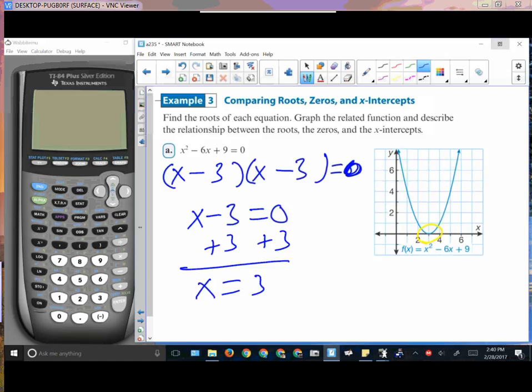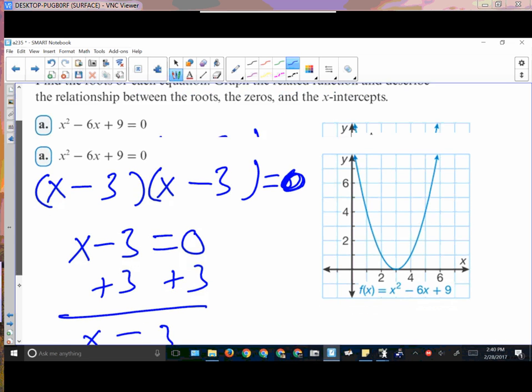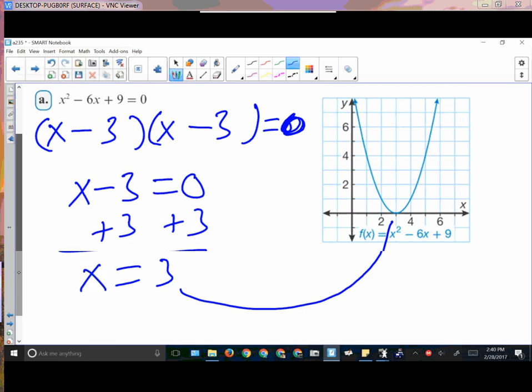Now, what number is right there? Is that 3? Okay.